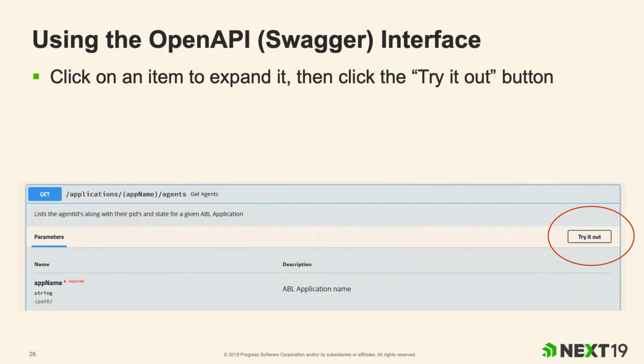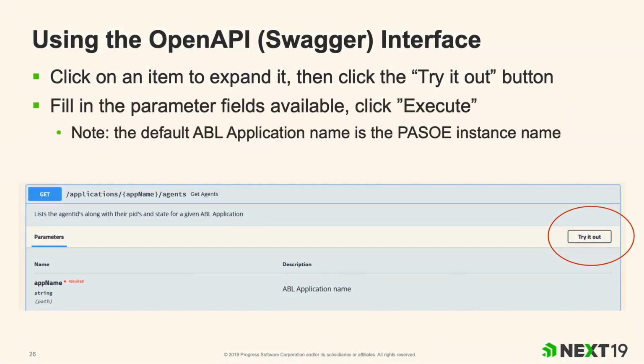So what does that look like when you're actually using it? You're going to get a nice little interface with all the URLs, and you should see a little bit of text off to the side. This one says GET /applications/{appName}/agents, and the description is just get agents. That's pretty much it. You click on it and it'll expand, and you'll see a little Try it out button. Click on that, and it'll put the screen into a sort of read-write mode.